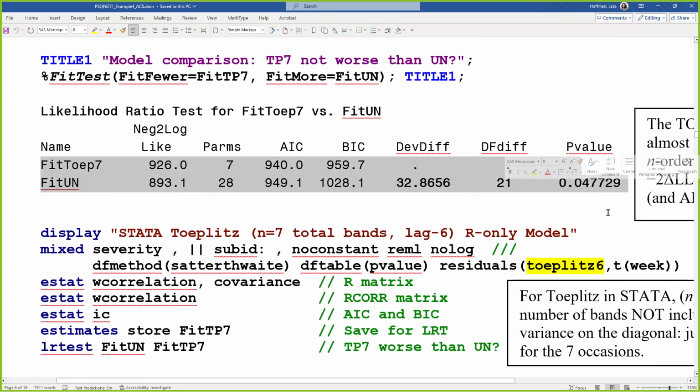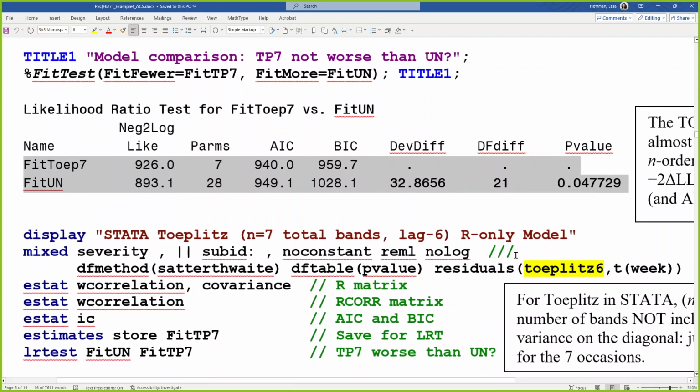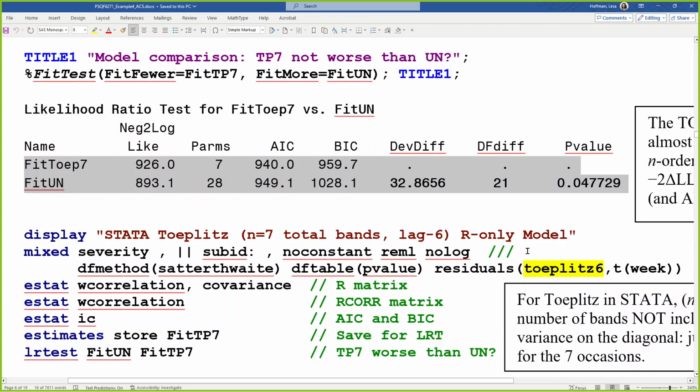Oh, how would I interpret that? My likelihood ratio test p-value is 0.048. So a comparison of the full Toeplitz R matrix versus the full unstructured.